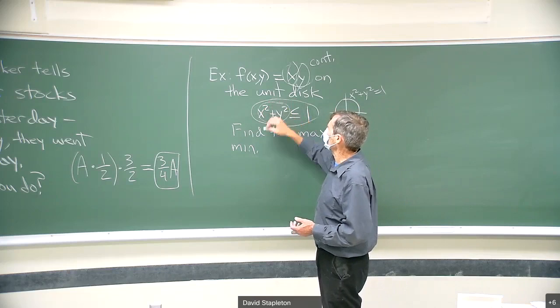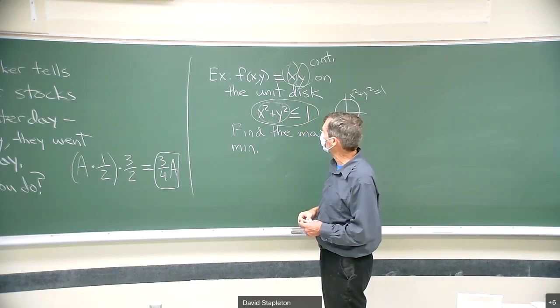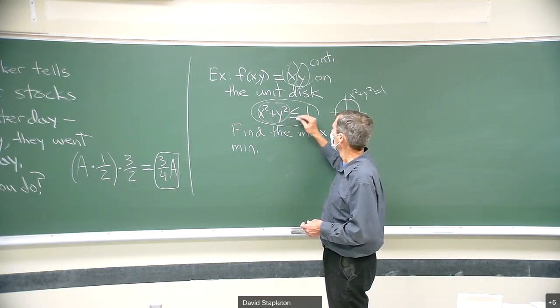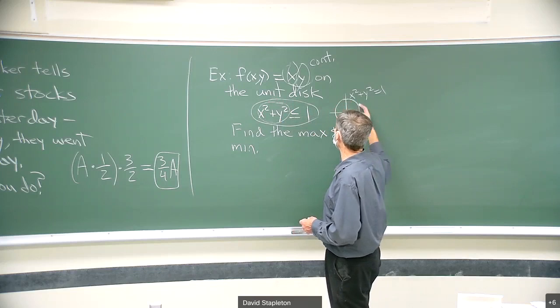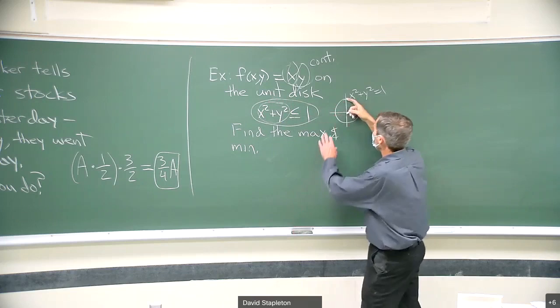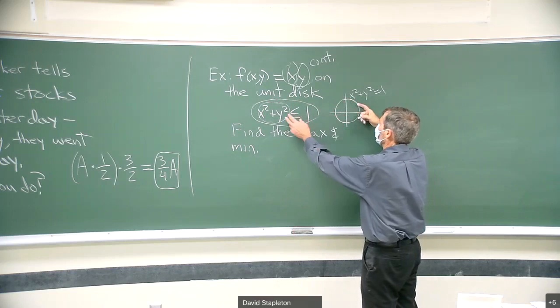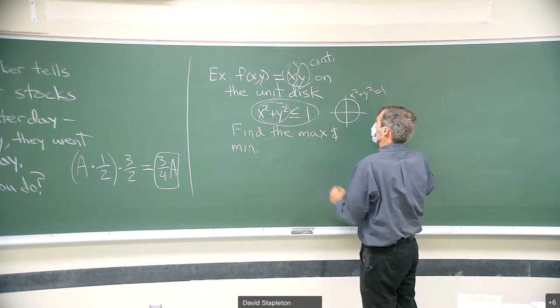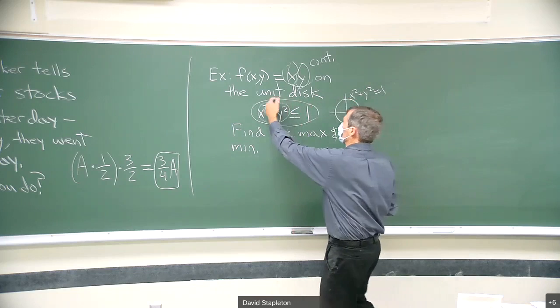X squared plus y squared is a continuous function, all right? And so inside the circle, this will always be either less than 1 or greater than 1, and outside the circle, this will always be less than 1 or greater than 1, because it's a continuous function.